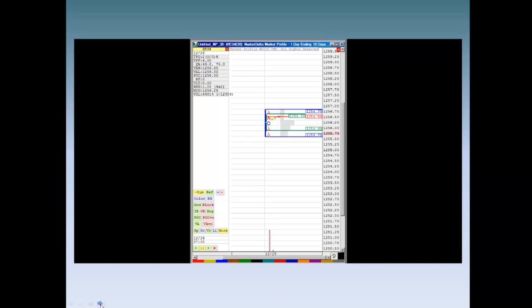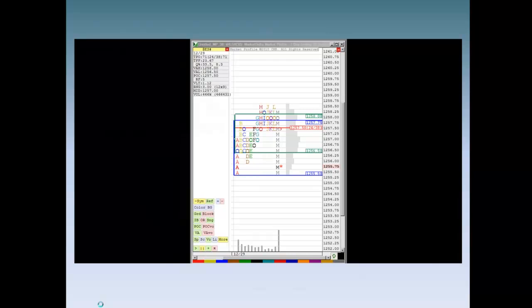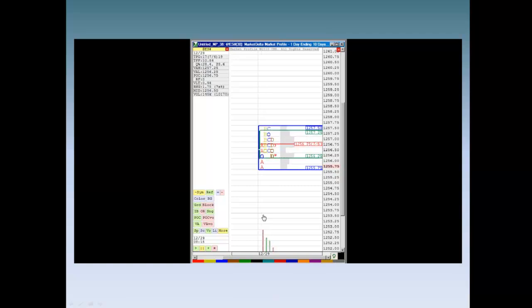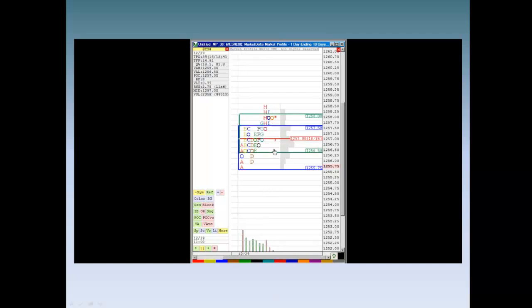But once again, take a look. Not much movement at all in terms of range extension. We're still in a very tight range. The short-term trader is definitely still in control of the market.